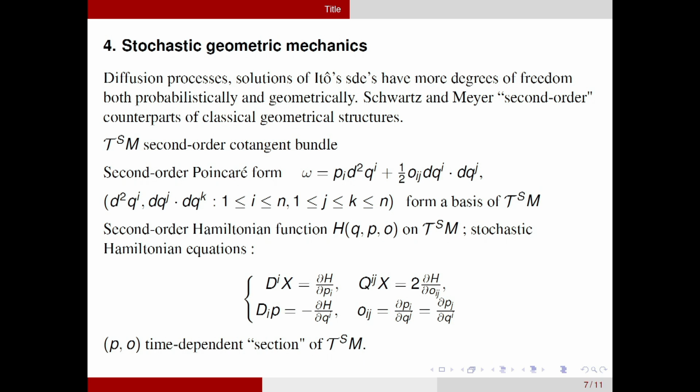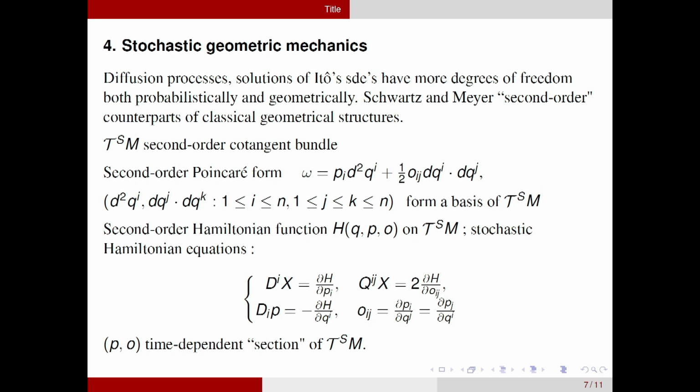In the simplest possible case, you will get a second order Hamiltonian with an extra term. This is normal. The extra term takes into consideration the fact that you have an extra degree of freedom, which is the information about the diffusion of a process.